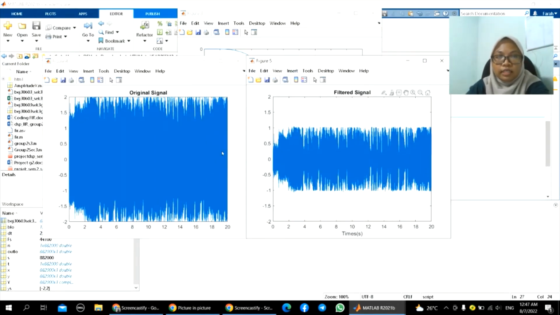This is the original signal and the filtered signal. As you can see, there is a difference between the original signal and the filtered signal. The amplitude after the filter only reaches 1, and the waveform is also less compact than the original.